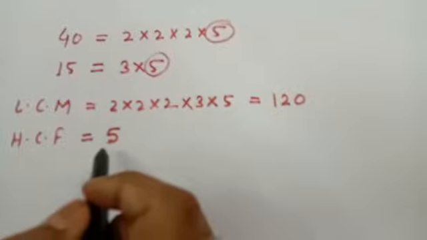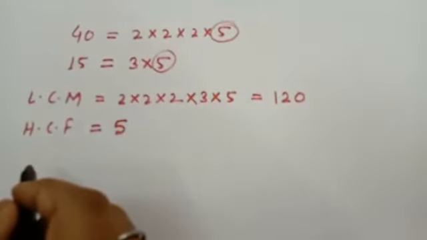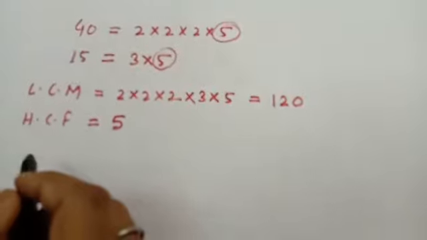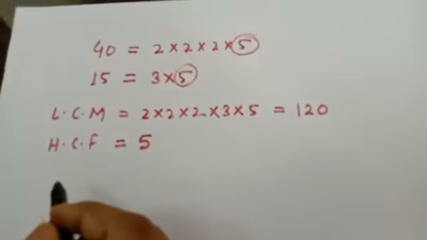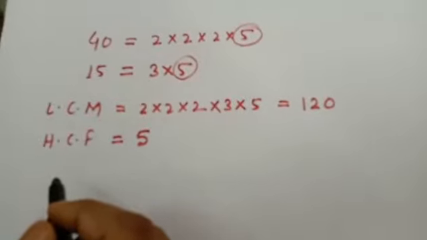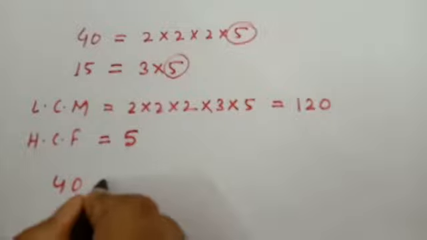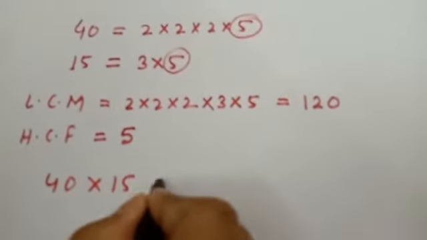Now we can again verify the relationship. So what was our relationship? The product of two numbers is always equal to the product of their LCM and HCF. So take these two numbers, 40 into 15.